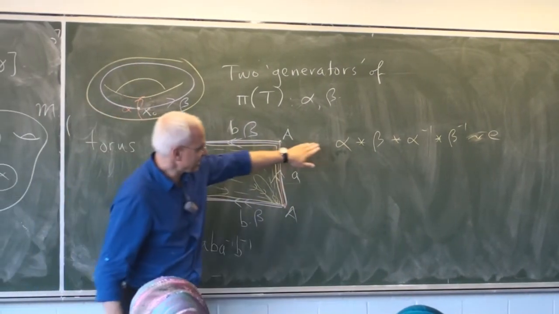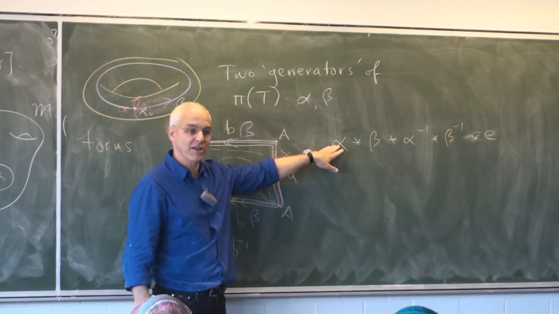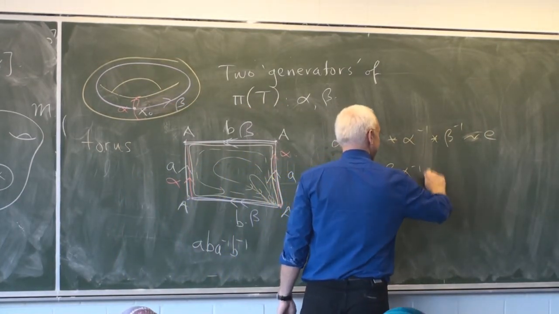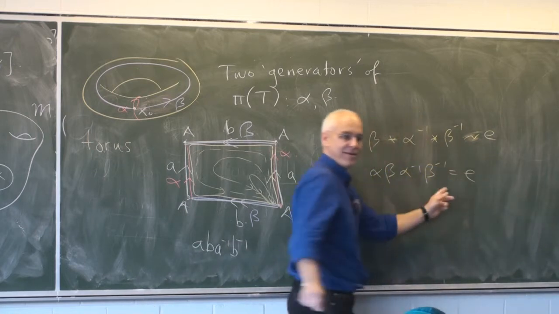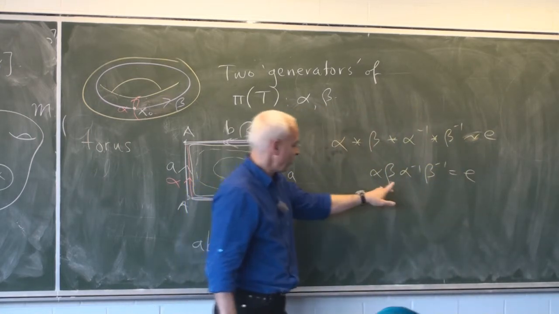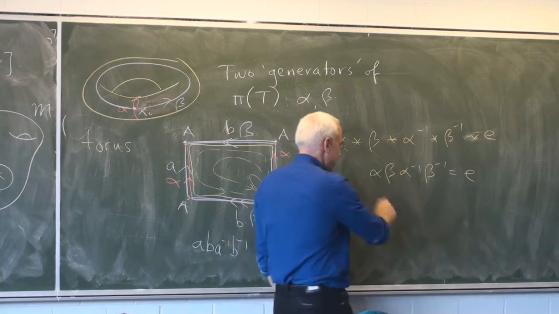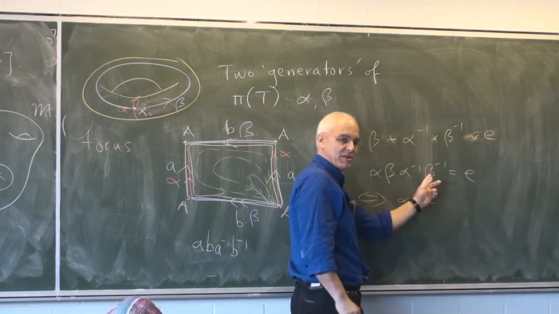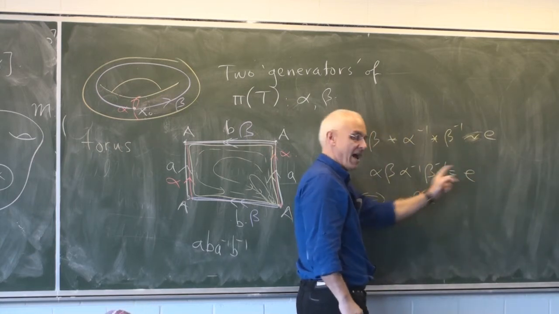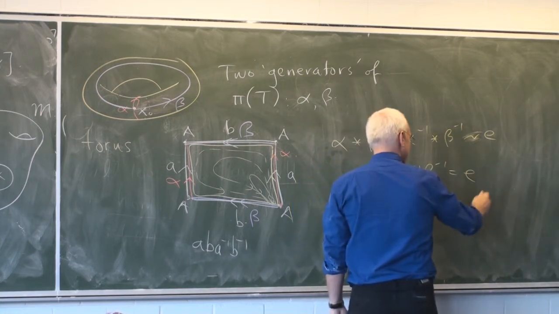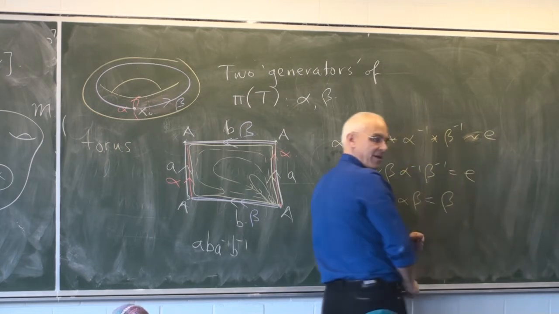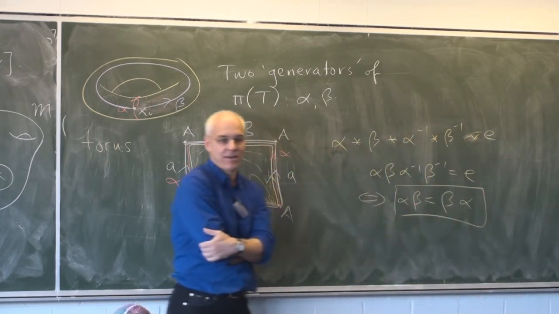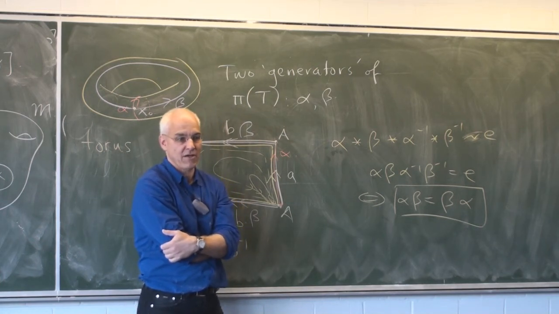So this is an equation. It's an algebraic equation. If there weren't any multiplications here, we would usually write it just like this. And that's really the same as saying that alpha beta equals, well, if we multiply by beta on the right and then by alpha on the right, it's really the same as this relation, that alpha beta equals beta alpha.